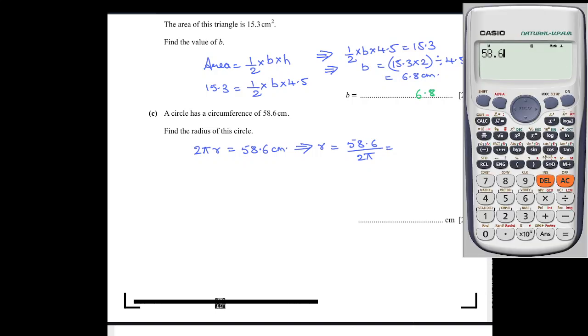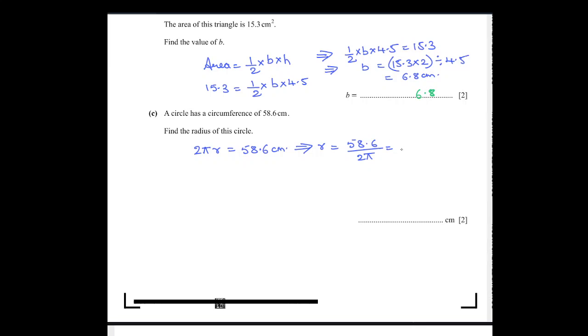58.6 divided by, let us use the bracket here, 2 into pi, 9.3264.